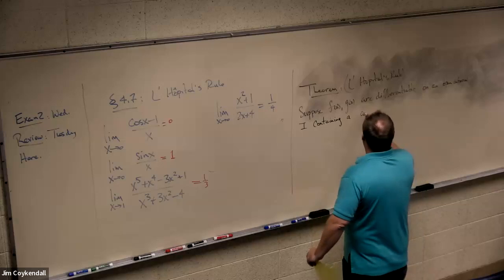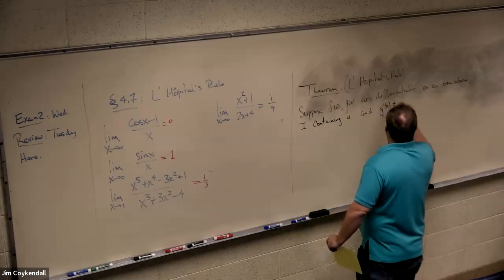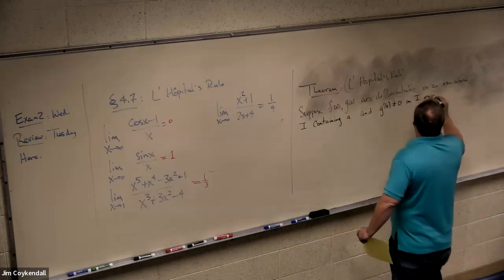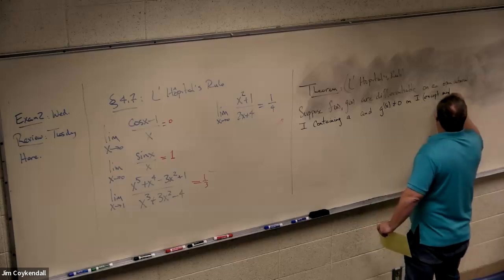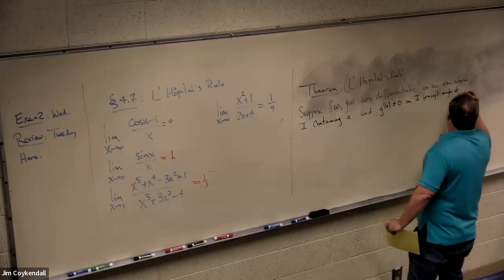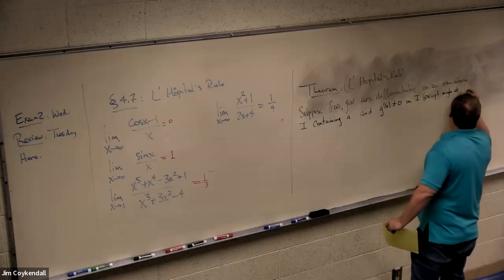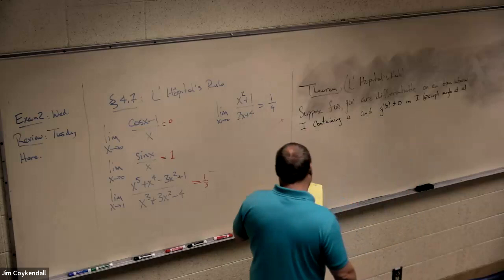And g prime of x is not zero on I, except maybe, in fact, it will often be zero in one of the cases.